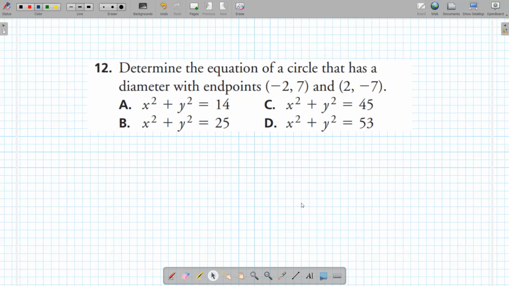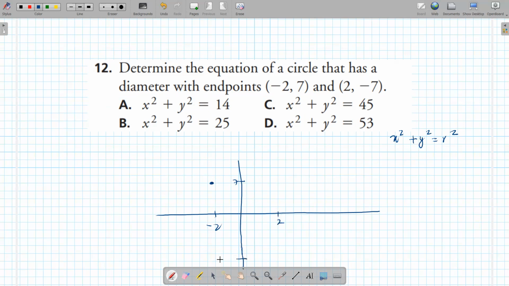What about this? Determine the equation of a circle that has a diameter with the points (-2, 7) and (2, -7). Remember, the equation of a circle has this form: x squared plus y squared equals r squared. So we have our point (-2, 7) up here, and then we have another point (2, -7) down there.